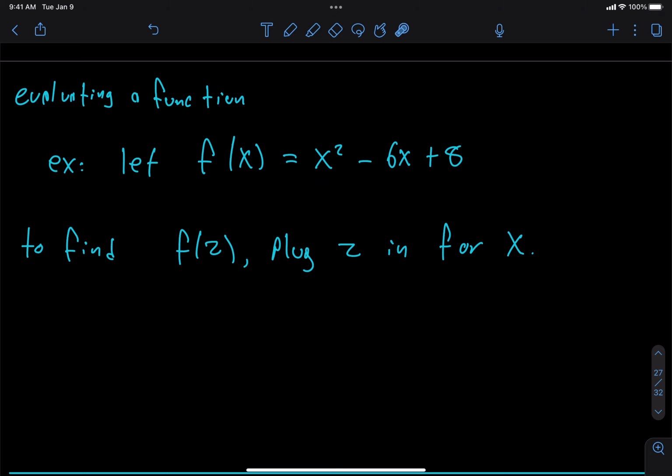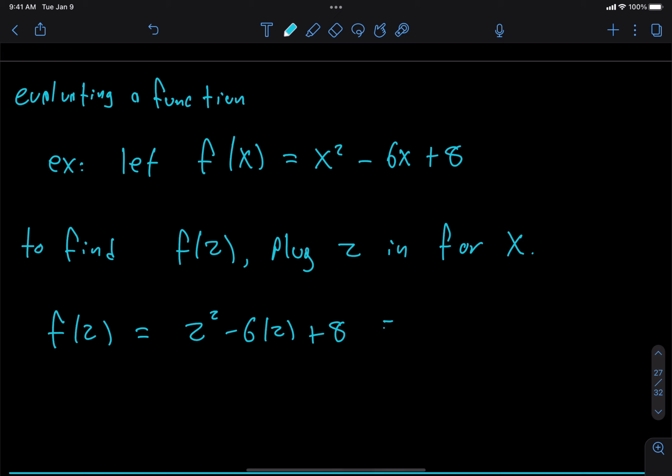Well, if we want to evaluate something like f of 2, we're going to take that number, 2, and plug it in for x. So I'm going to put a 2 in everywhere I see an x. For this example, f of 2 is going to be equal to 2 squared minus 6 times 2 plus 8.